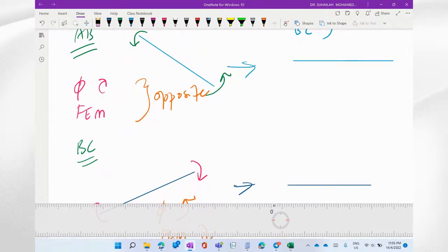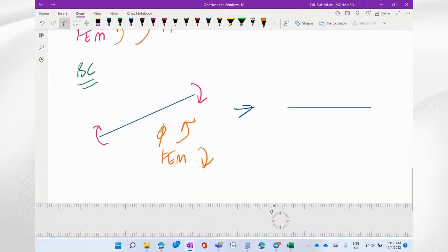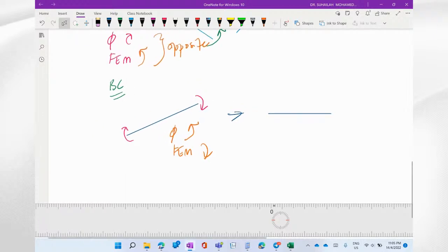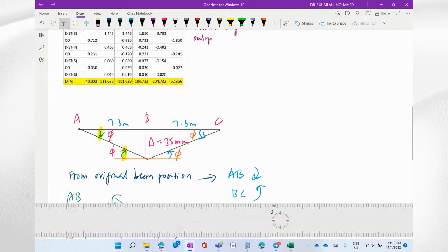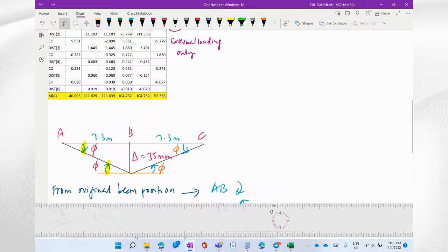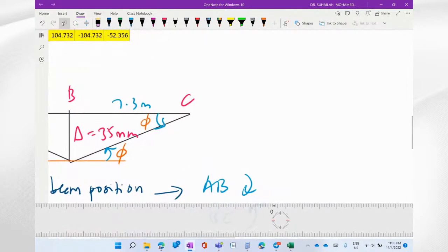This one is not correct. It should be positive, negative. That is the correct one. Positive, negative. This one, negative, positive. So I explain this because we will calculate FEM.